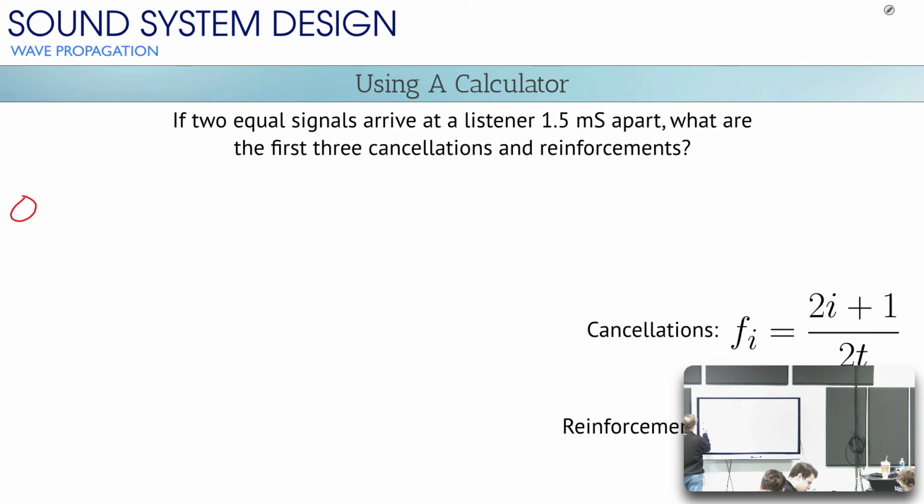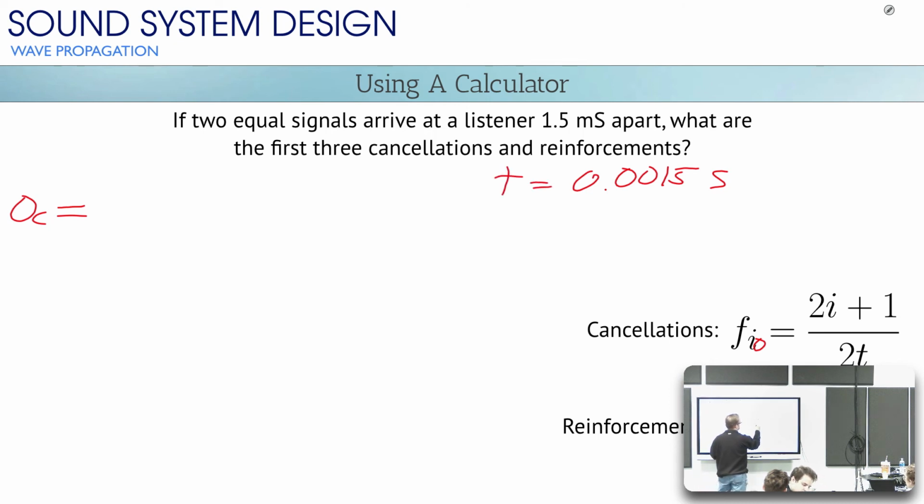So for cancellation 0, that means I'm going to put 0 in for i, right? And time is 1.5 milliseconds. What's that in seconds? 0.0015. Okay, so that's our time.